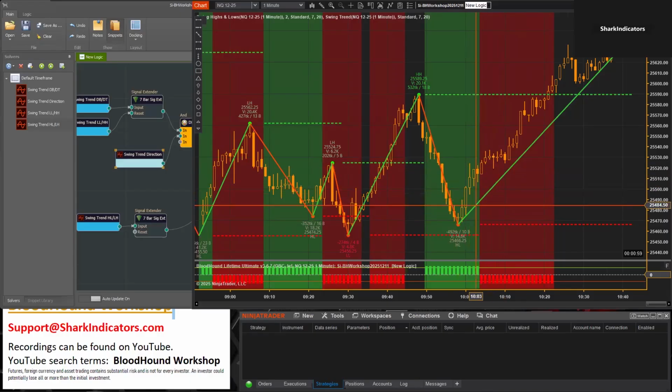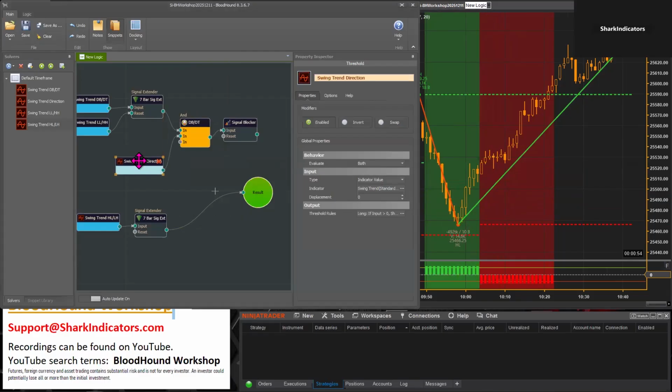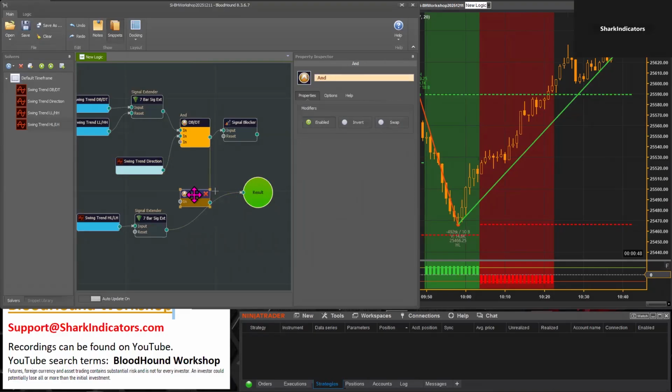In other words, the swing line has to reverse direction. So we're going to need this swing direction again here. Let's grab another AND node and name this here. Like so. All right, connect that in, connect that in.